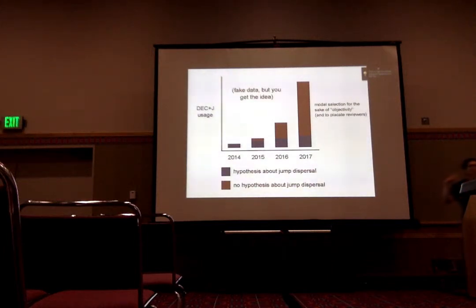They're not directly testing jump dispersal or any hypothesis about it. They're just doing this model selection between DEC and DEC+J for some other reason, because they want to be objective, because the reviewer asked them to do it, and so on. And so, to us, this is kind of distressing.